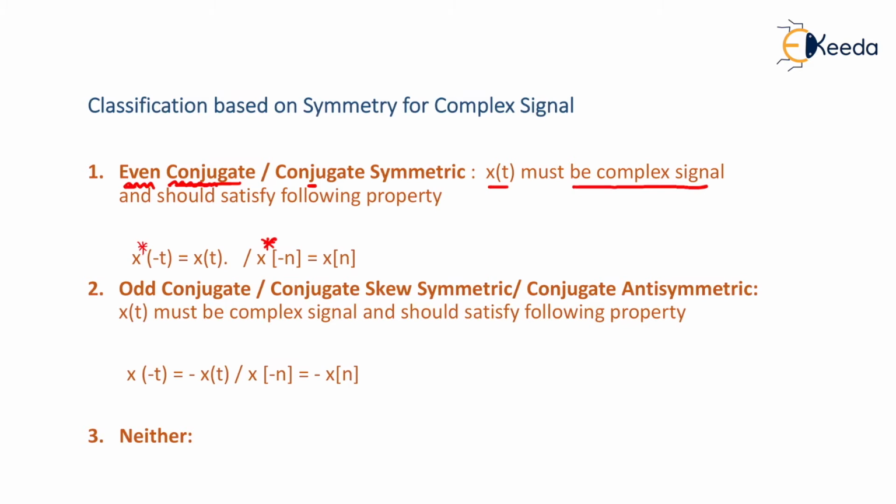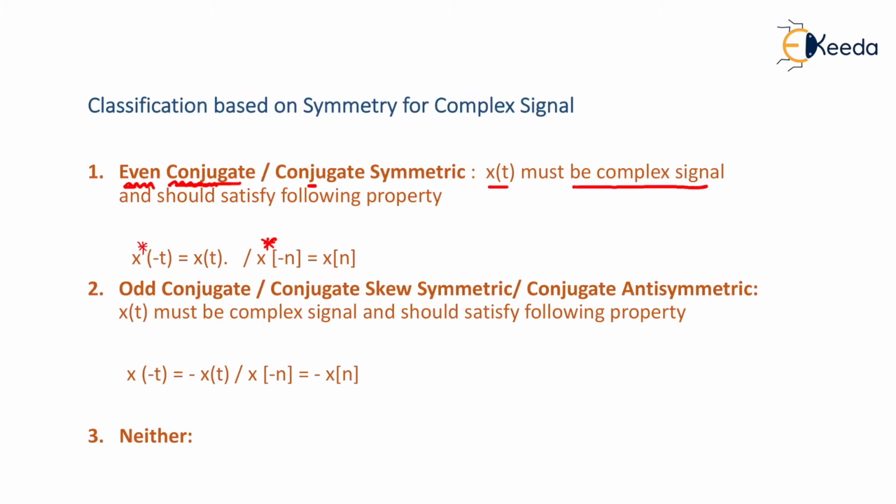The same applies to odd symmetry. When it comes to a complex signal, we say it is odd conjugate. It is also called conjugate skew symmetric, or conjugate antisymmetric signal. So x of t, first of all, has to be a complex signal; only then is this classification applicable. It should satisfy the property x of minus t equal to minus of x of t.